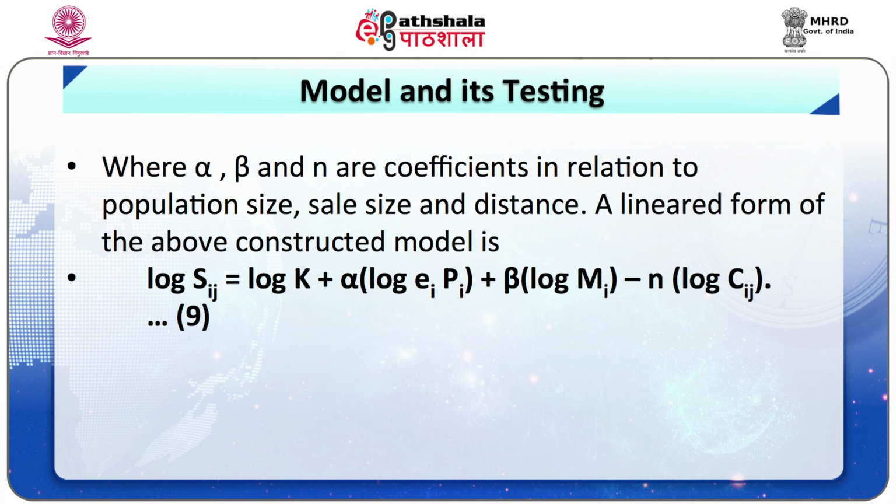A linear form of the above constructed model is log Sij is equal to log k plus alpha into log Ei Pj plus beta into log Mj minus n into log Dij, and this is equation 9.